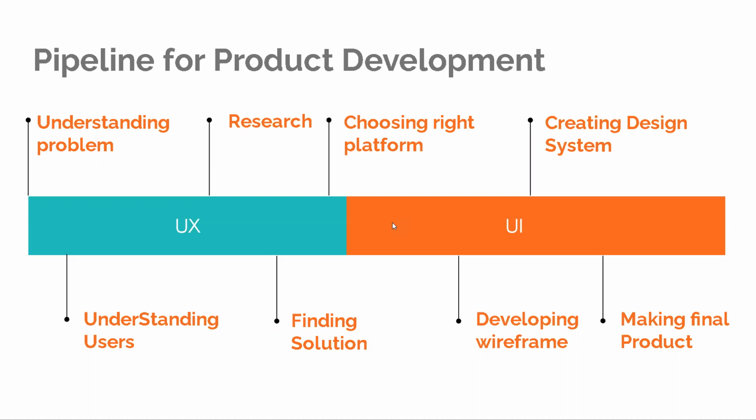What will be the most efficient platform to develop our solution? All this part falls under the UX. Once you decide that the Android app will be the most efficient way for this type of product, people can directly come to your app, click a button and book the Uber or Ola.